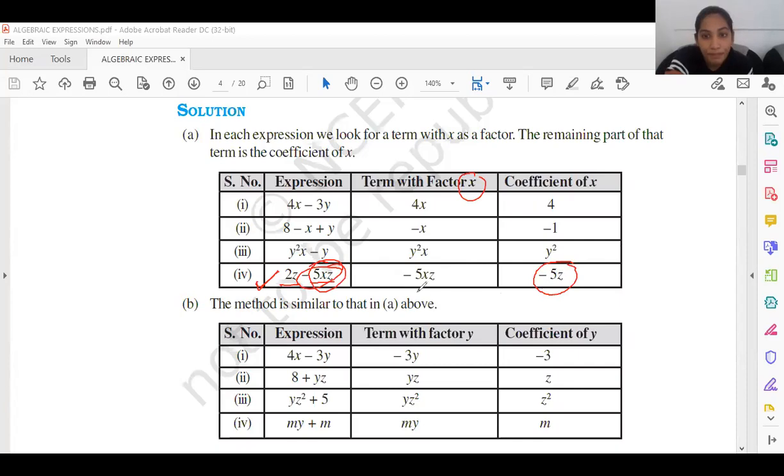Minus 5z. Whatever the coefficient is asked for, delete that. What remains is the coefficient. I told you this when I taught you regularly. Whatever thing's coefficient is asked, remove it, and what remains is the coefficient.